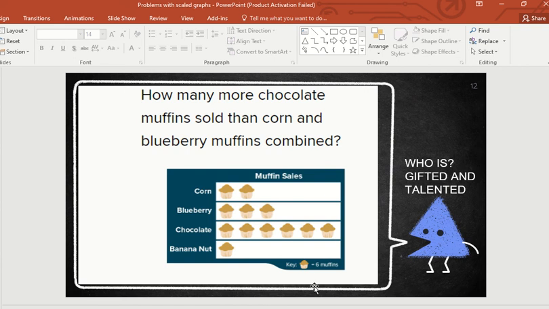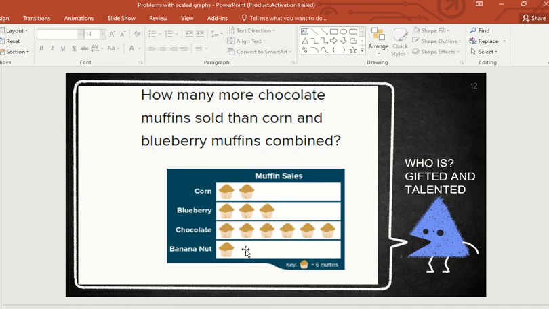So here is 1 cupcake, 6 muffins. How many chocolate muffins sold? Then corn and blueberry muffins. You will check how many chocolate muffins sold. First of all, you will write for corn. How much checked? 6 plus 6, 12. Then how many checked for blueberry? 6 plus 6 plus 6, 18.